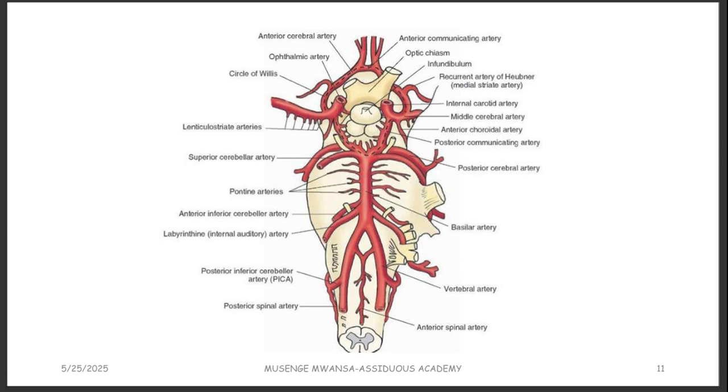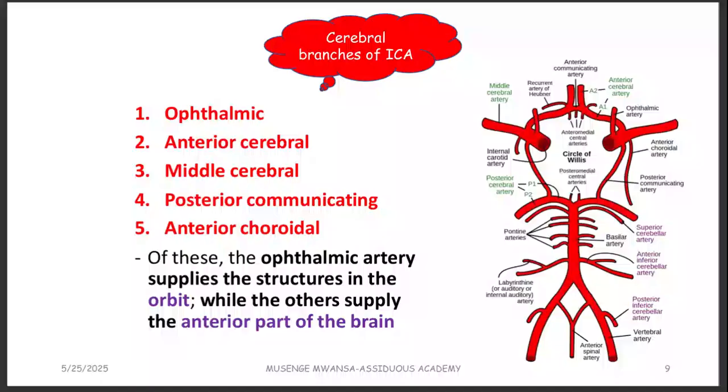If they ask you to draw the internal carotid artery, what are you going to include in your drawing? You are going to first draw two lines, they meet in the middle. Label those two lines the vertebral arteries, which then join in the middle to form the anterior spinal, and then also show coming from the vertebral arteries PICA, and then just at the junction also show AICA.